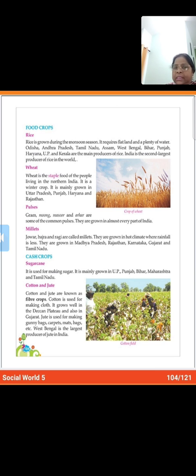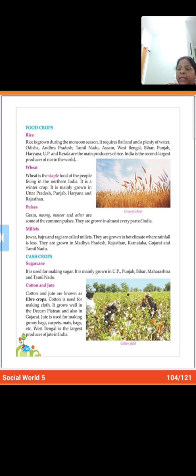So rice. Just now I read that it is grown during monsoon season. Why monsoon season? Because it requires lots of water, and irrigating the plant is not sufficient. It needs a natural resource also, and that is rain.